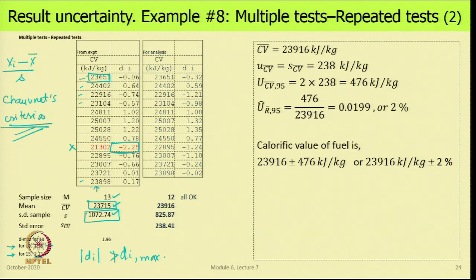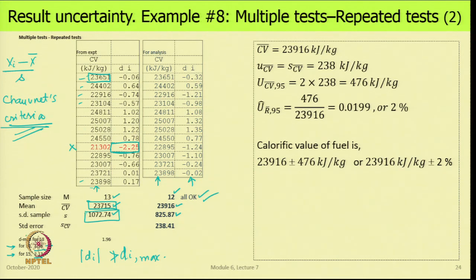So, we take all the remaining readings into this column. Now our sample size is 12, with this mean and this standard deviation, and again we calculate the deviations for each measurement and get these values. Our limiting number is again 1.96, and none of these are more than 1.96, so all are okay.